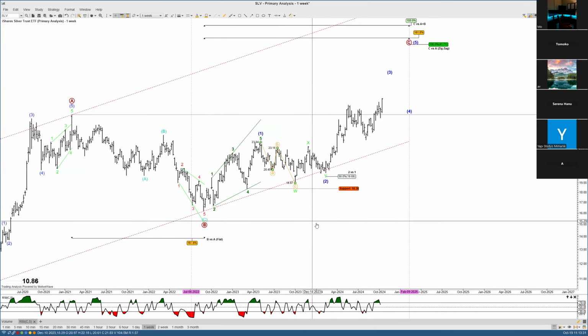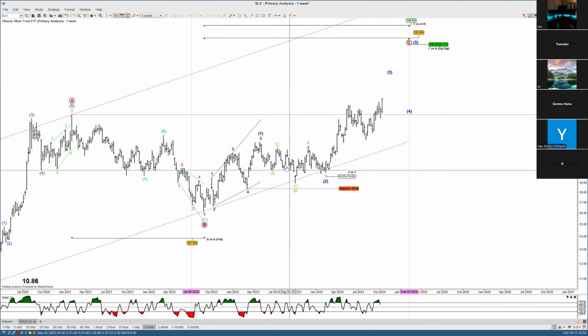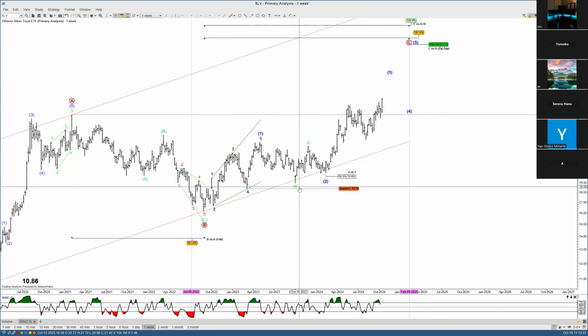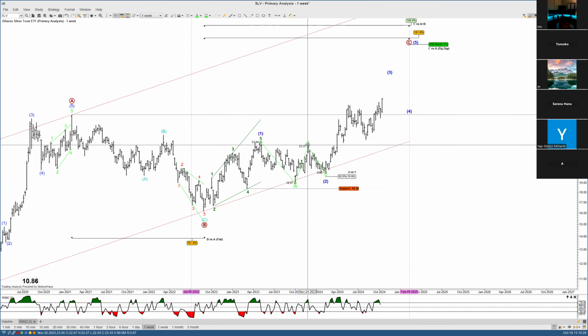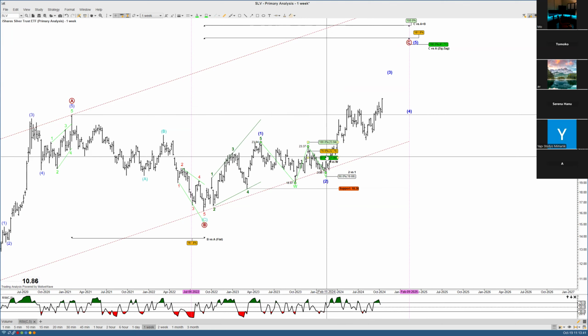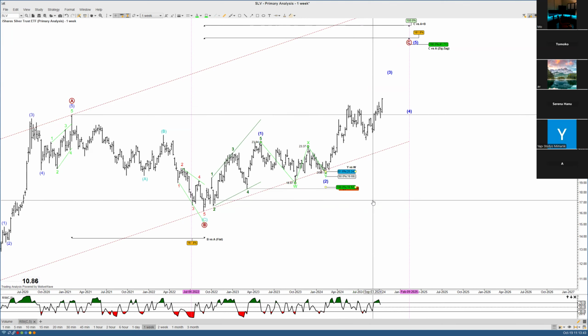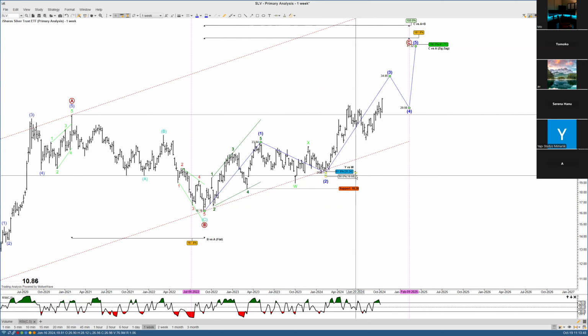It's a lot of 3-3 moves. 1, 2, 3. So you got this. Perfect.